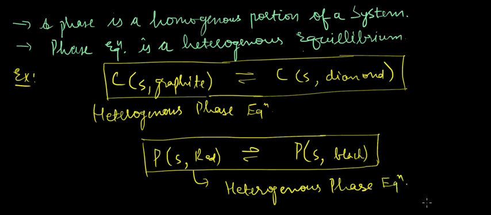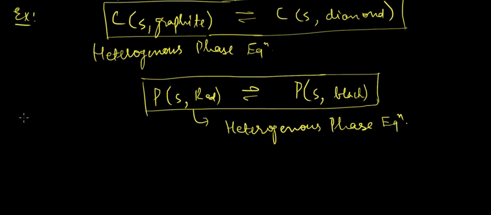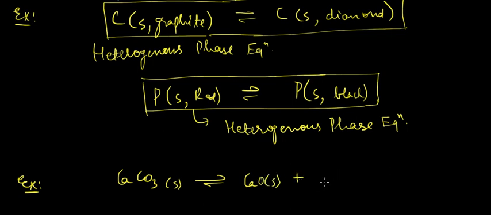Okay, next let us see a chemical equation wherein we have something like CaCO3. Let's put it as an example. CaCO3 in solid state converting itself into calcium oxide again in solid state plus carbon dioxide in gaseous phase.